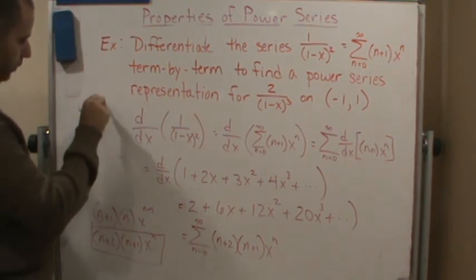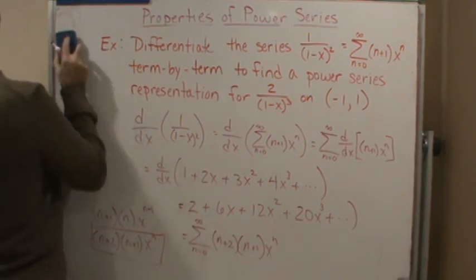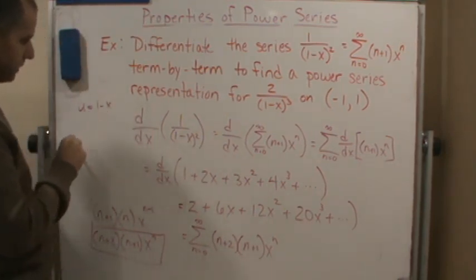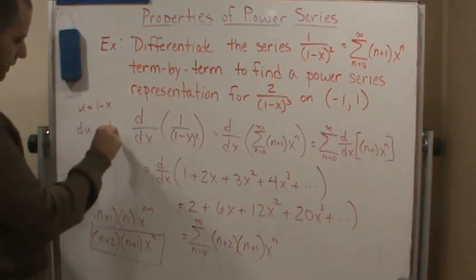So u equals 1 minus x, so du equals negative dx.